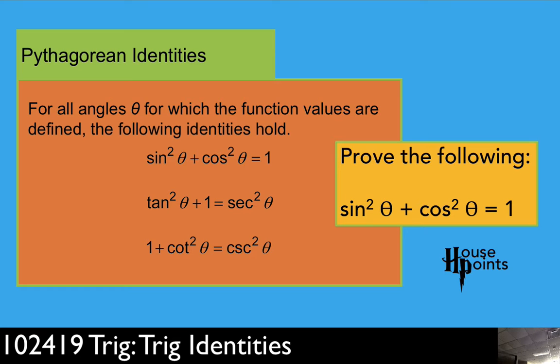Okay, so how would you prove that sine squared plus cosine squared equals 1? No, y over r plus x over r does not equal 1. Y over r does not equal sine squared. Y over r equals sine, right? So it's y squared over r squared.